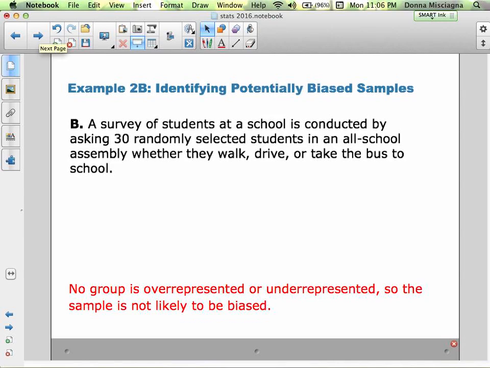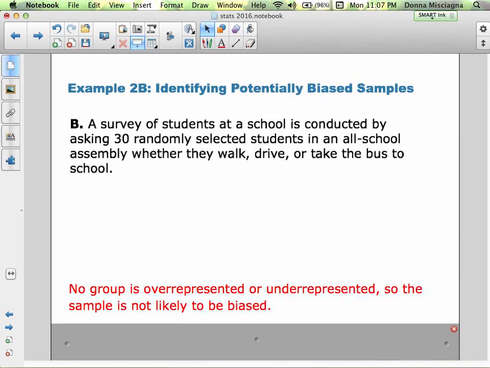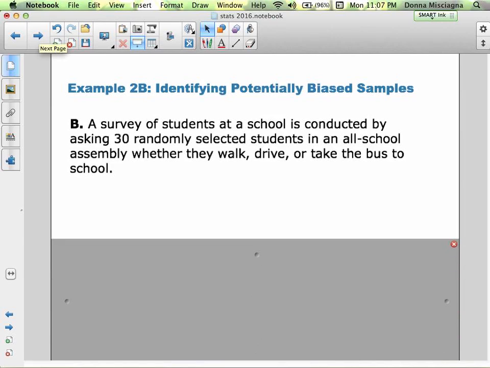The sample is not likely to be biased. Right? So this is a random sample, not biased, because it was about the students in the school. You're only going to ask students in the school, and they randomly selected them, and everybody had an equal chance because it was an all-school assembly. It wasn't just an assembly with high school students or sophomores, it was the whole school.